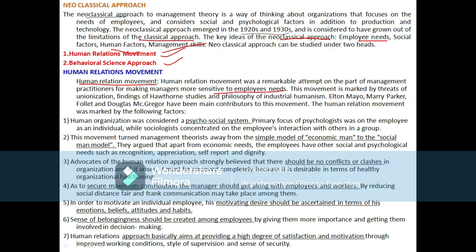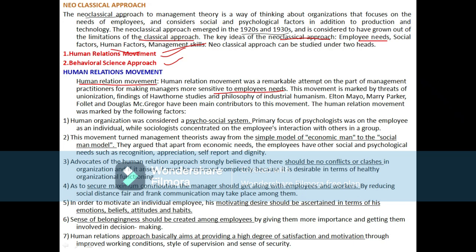This is the important aspect. Here, managers are very much attached to employees and sensitive towards their needs, showing concern towards the employees in the organization.